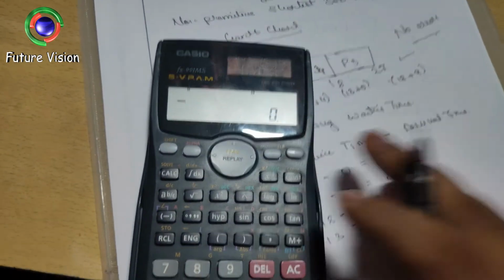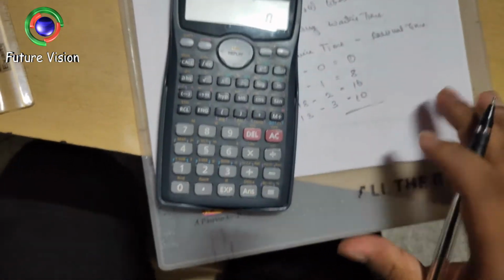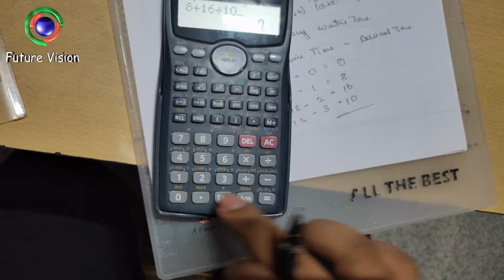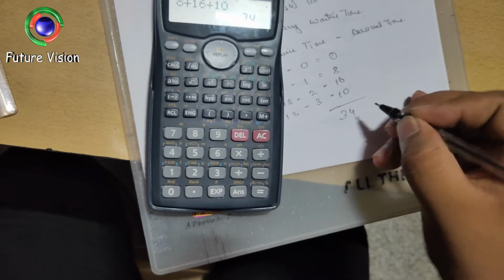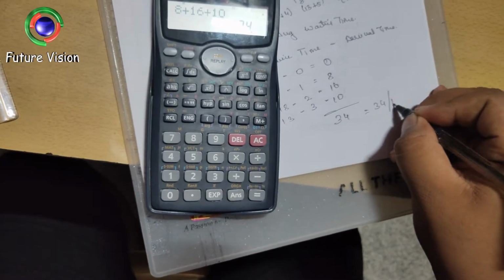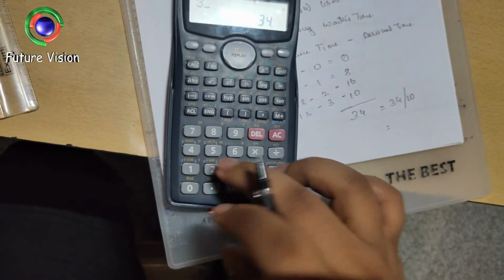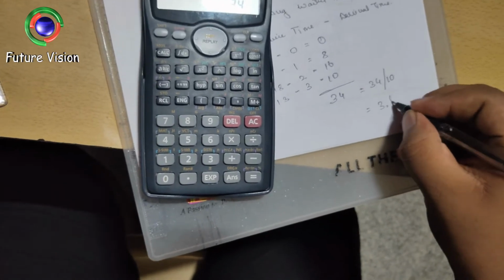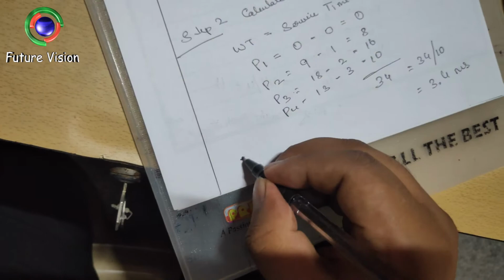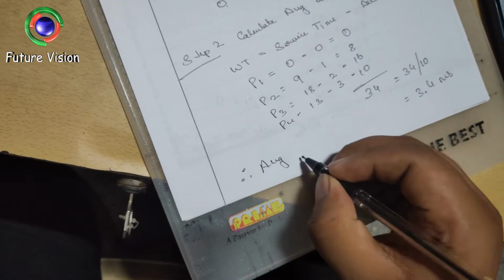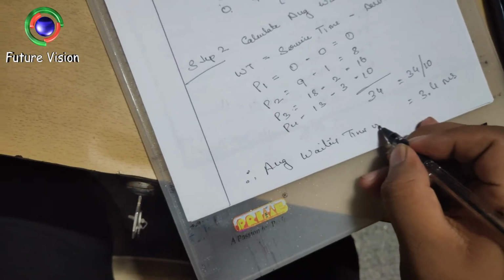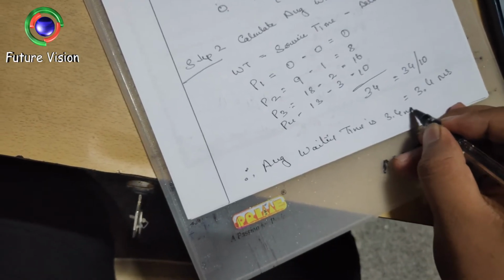We shall use a calculator. 8 plus 16 plus 10 is 34. 34 divided by 4 is 8.5. Therefore the average waiting time is 8.5 milliseconds.